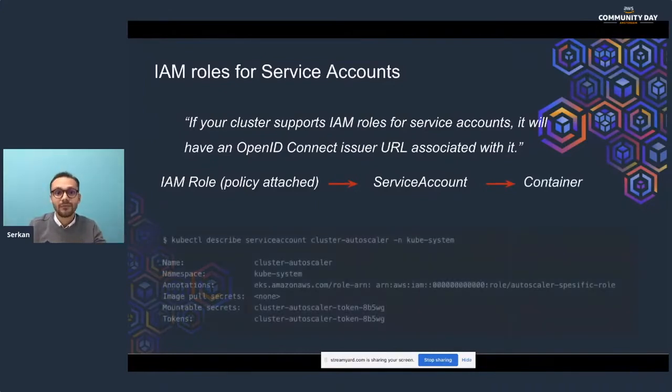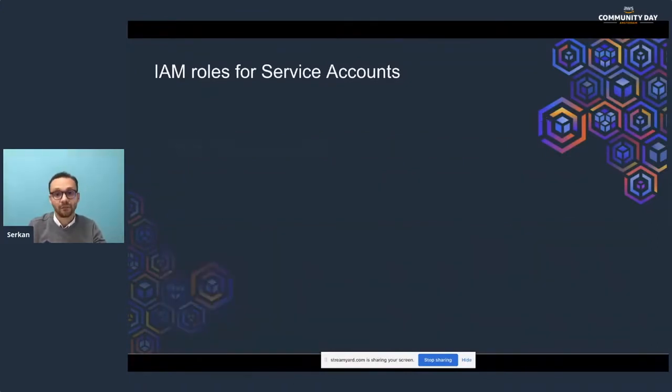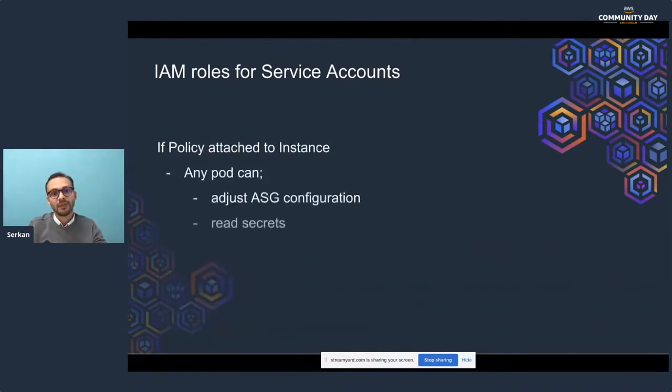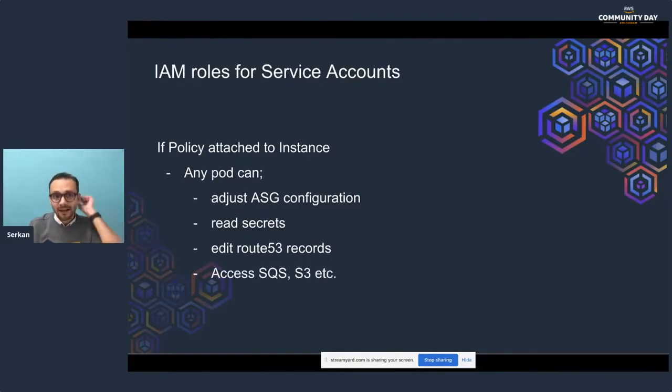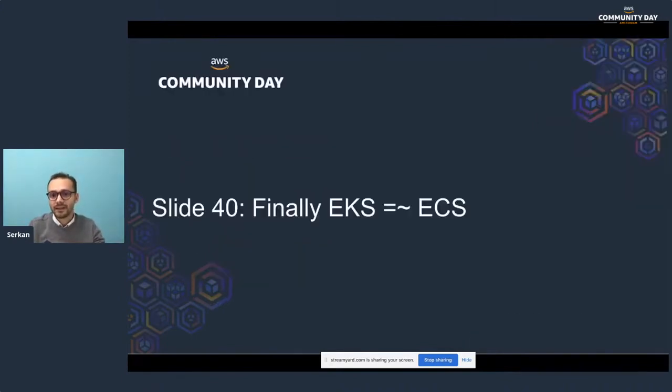Meaning that if we are talking about autoscaler, only the autoscaler pod will be able to talk with autoscaling configuration, not all of your pods. If you don't do that, for example, if you are reading secrets or editing Route 53 or accessing SQS or S3 or any other AWS resource, all of your pods will be able to do so. So to avoid that, you have to use IAM roles for service accounts in a production-grade setup.